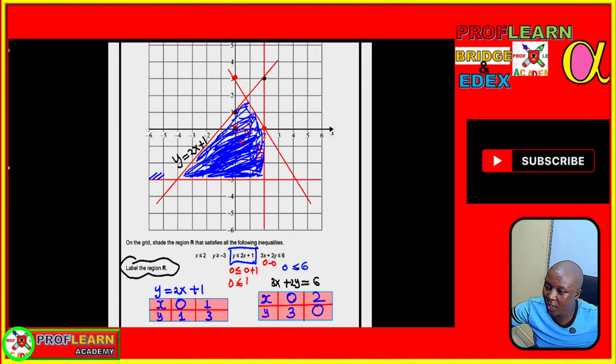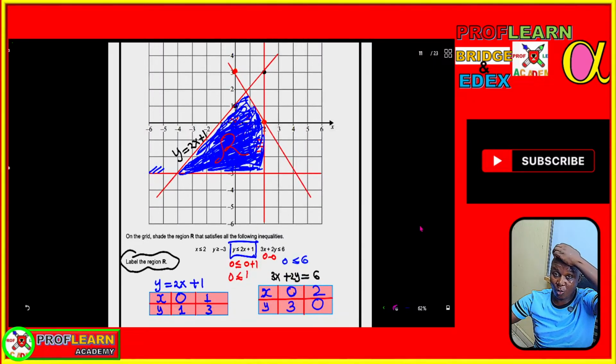Once you've understood that, you can do any question. A question can be asked whereby you are supposed to shade the region, or a question can be asked whereby you are supposed to come up with the inequalities from a shaded region.